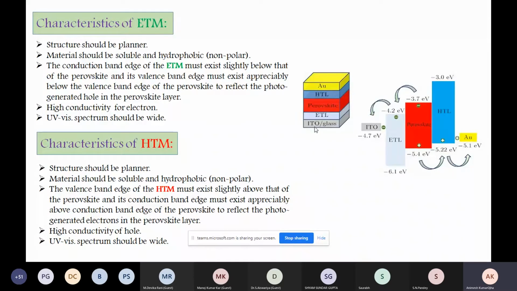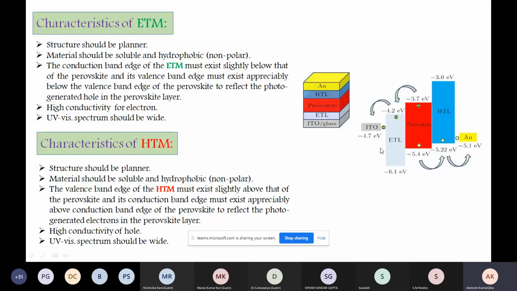And you see here, if you look at this slide structure, the perovskite is at the middle, then there is an HTL, which is a hole transport layer, and then there is Au, which acts as an electrode material, then the electron transport layer at the bottom.